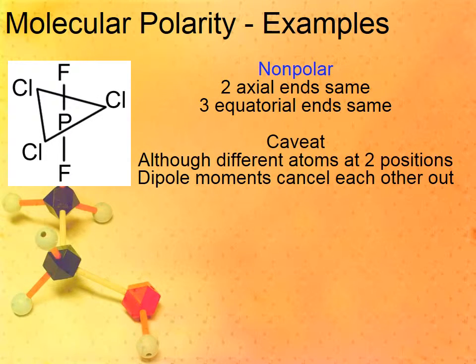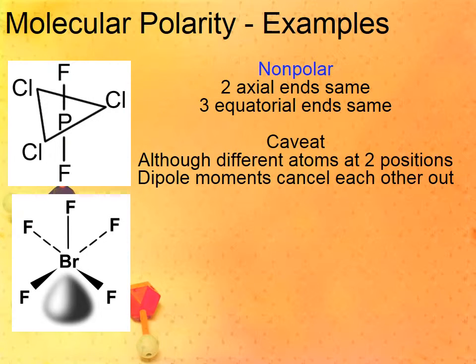So this is definitely an exception, a caveat to that shortcut rule, where although different atoms are at the extremities, the axial and equatorial positions, the dipole moments do cancel each other out, and therefore the molecule is nonpolar.